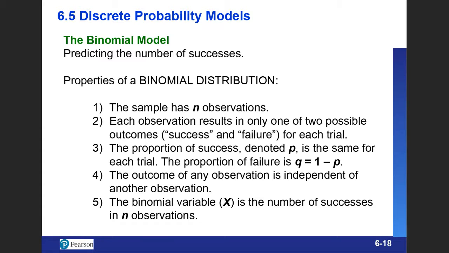For example, when you toss a coin, you can get two outcomes, right? Heads or tails. Once you set up all the probabilities that are associated with X, that method of calculating probability will follow a binomial model.